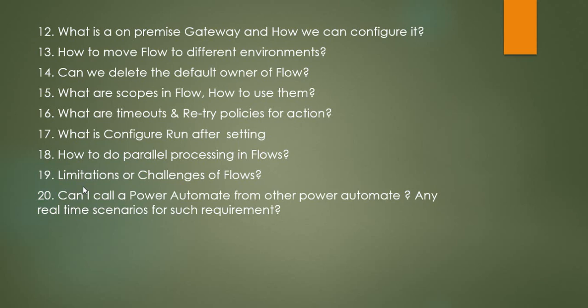For that you have to configure the on-premise gateway, and it is nothing but one exe which runs on your server and creates one configuration so that it can bypass the firewall for that specific connection. The configuration steps are pretty standard, which you can just find. But the answer is simple.